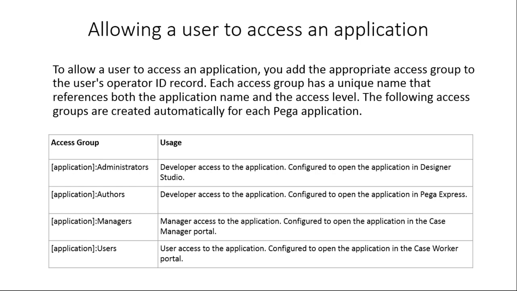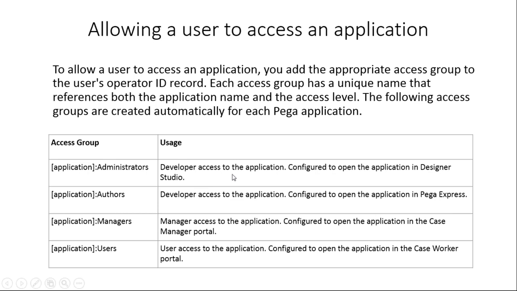As I said, an employee is a different kind of operator, a customer is a different kind of operator, and a manager is also a different kind of operator. So here various operators will be created, like application administrators, authors, managers, users. Okay, so what do administrators mean?